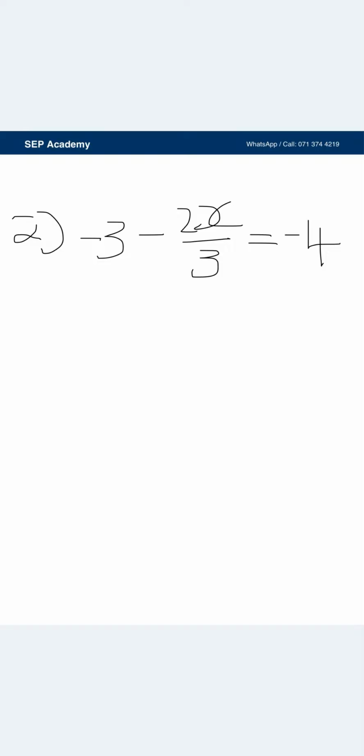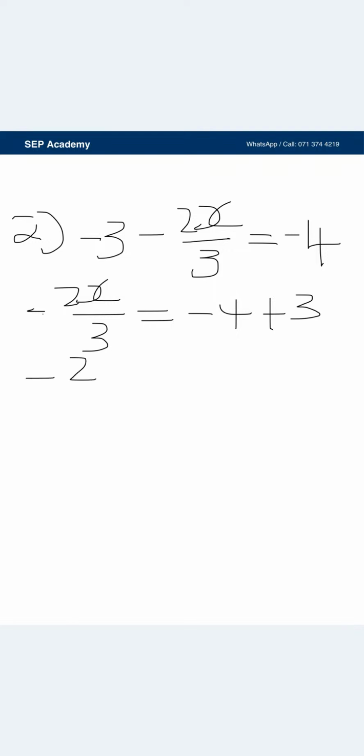Again, in this case, you will definitely leave the negative 2x over 3 on the left hand side, equals negative 4. That 3 will come to the right hand side, it changes the sign, it becomes positive 3. You still have your negative 2x over 3 being equal to that plus that, it will definitely be negative 1.